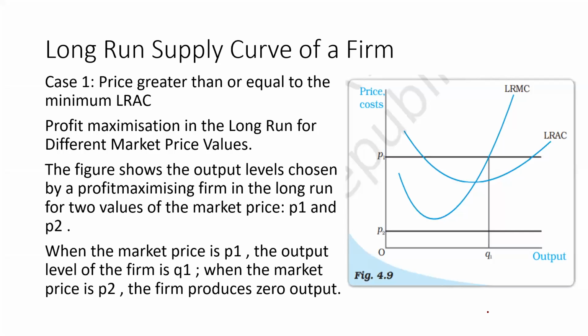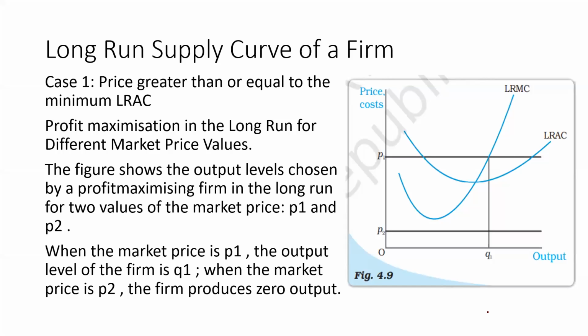Now we are going to study the long run supply curve. Here the difference is, which curve are we going to use instead of the average variable cost curve? In the short run, we used average variable cost. In the long run, we are going to use long run average cost instead of average variable cost.